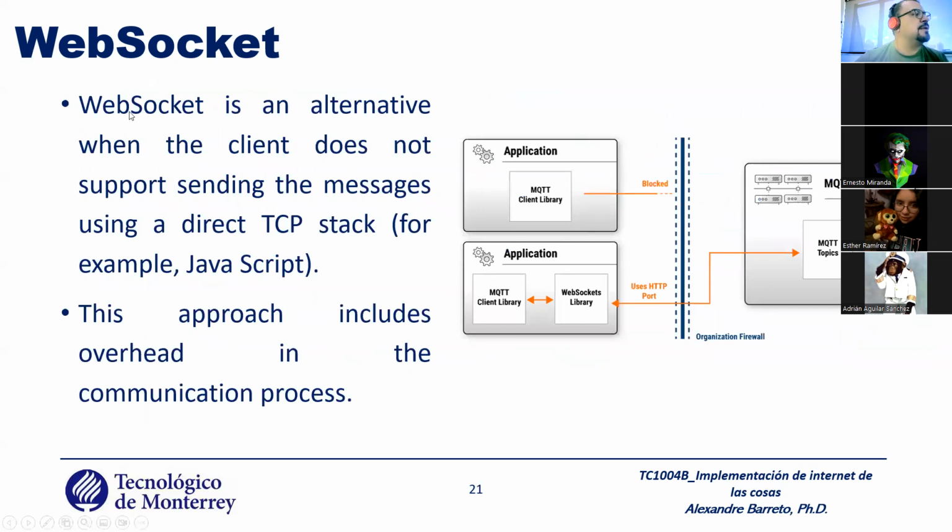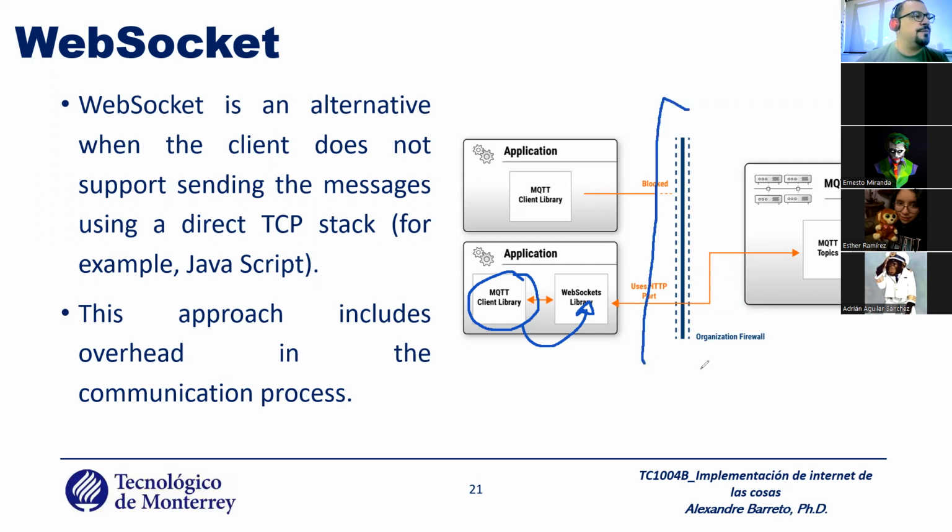What happens is this one. You have an application, okay? In this case, you have an MQTT client. It's the way that JavaScript works. You have an MQTT client that encapsulates the message in the WebSocket, and you publish or subscribe through an HTTP message.